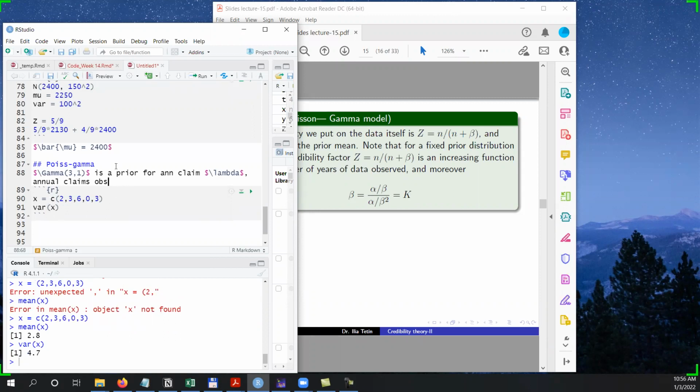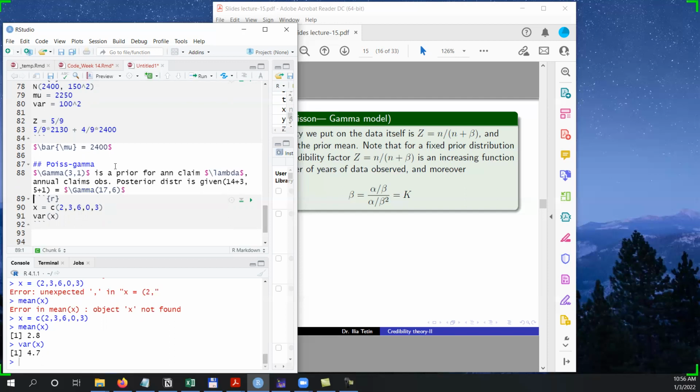Let's say that the posterior distribution is given by 14 plus 3 and 5 plus 1. So it will be gamma 17 and 6.